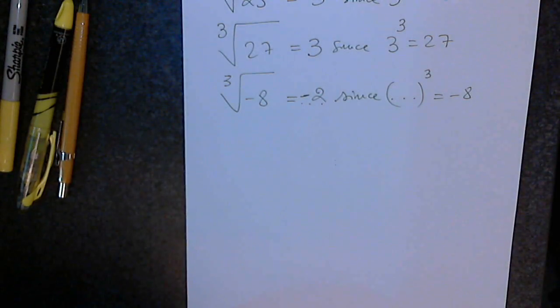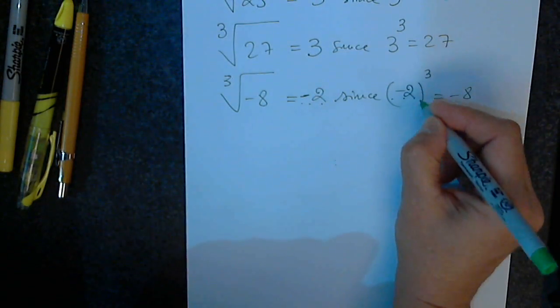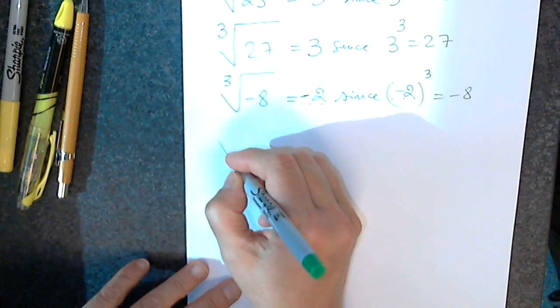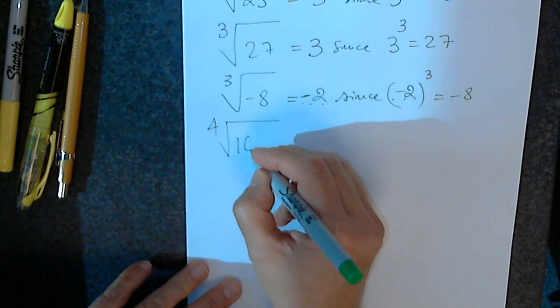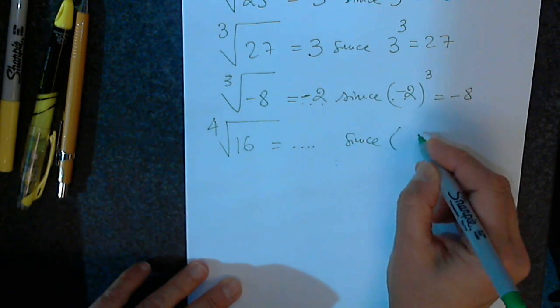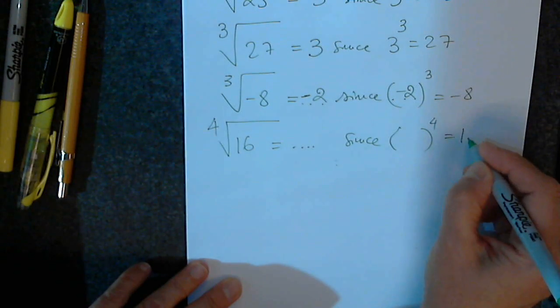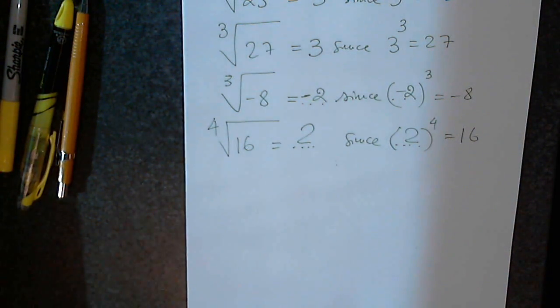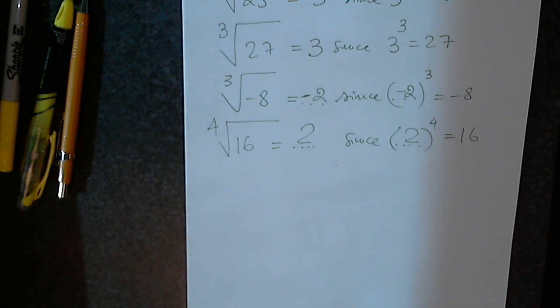It's -2, since -2 raised to the third power is -8. Okay, one more. The fourth root of 16 is blank since blank to the fourth power is 16. 2 indeed. And we can go on forever. But of course, the higher the index, the more difficult it is to figure out the root. Okay.